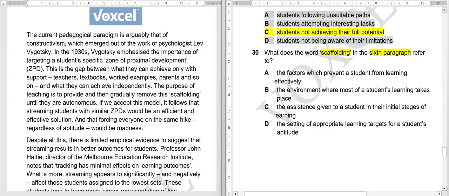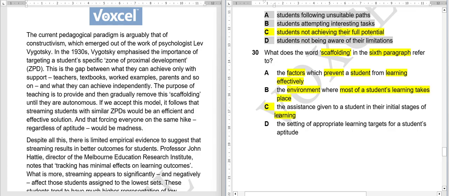Let me do this. A, the factors which prevent a student from learning effectively. Does scaffolding mean those factors, those reasons that prevent students from learning effectively? If that is the case, A will be our answer. B, the environment where most of a student's learning takes place. If scaffolding means that particular class or environment where students do most of their learning, then B will be our answer.